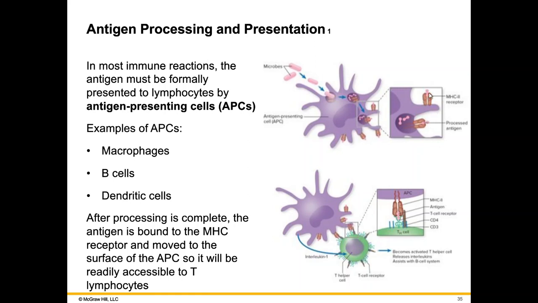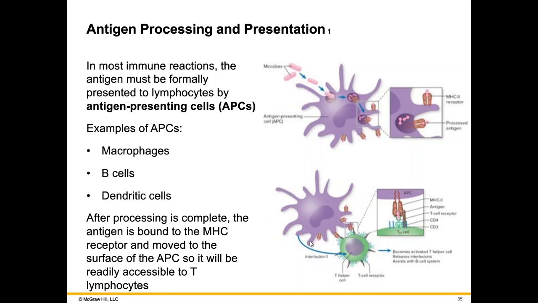So here we see the MHC II receptors that are naturally found on our APCs, and we're seeing these little pink things now. These pink things are immunogens that were found on this microbe, and it's going to present them by binding them to their MHC II receptor, and then it's going to show them to another type of cell, such as a T helper cell, which is what we're seeing in this picture.